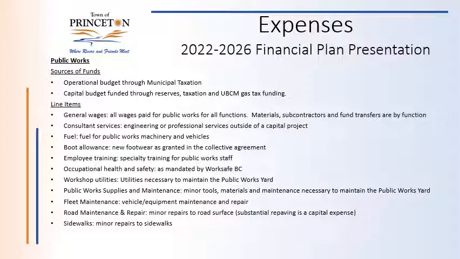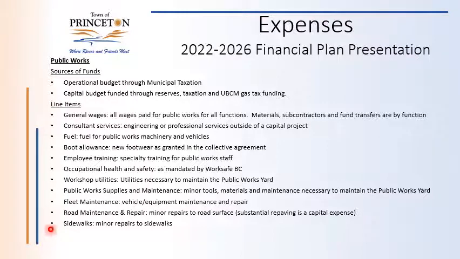There are some of the bigger ones off the start. General wages are huge, obviously, for wages paid for public works for all functions. There are vehicles that need to be maintained. Public works supplies and maintenance, or fleet maintenance programs. Basic road repairs.